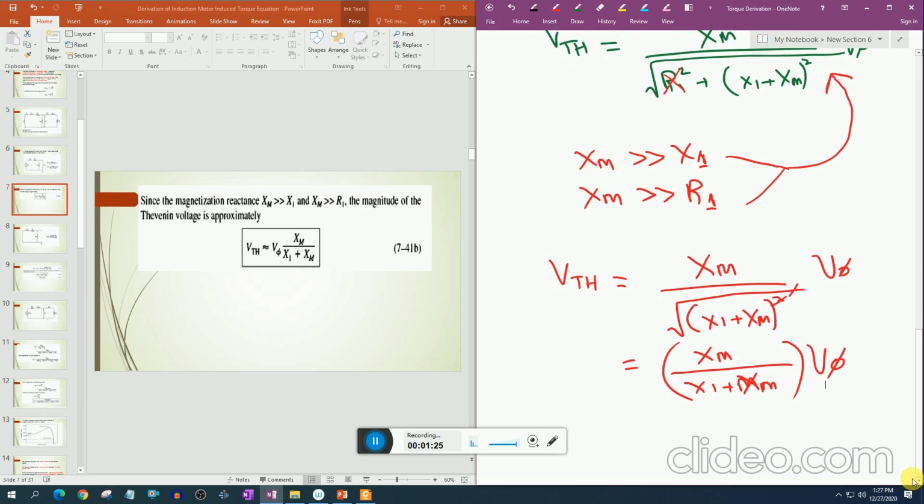By putting these two realities, the V Thevenin equation becomes simpler.